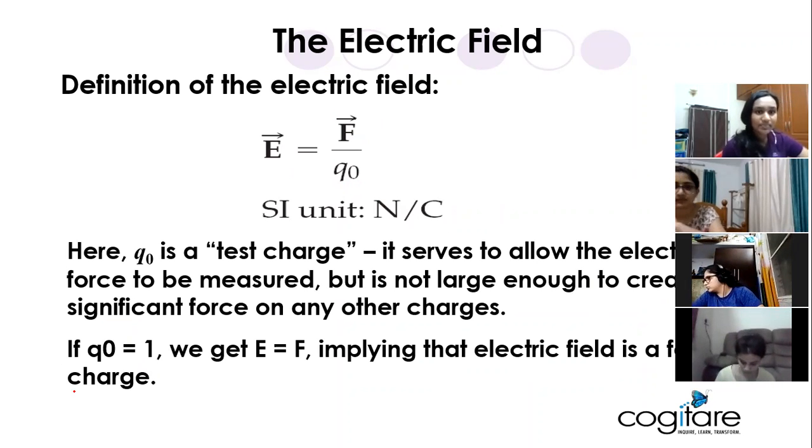Go ahead and complete this, Chaitri. Here, Q0 is a test charge. It serves to allow the electric force to be measured, but it is not large enough to create a significant force on any other charges. If Q0 is equal to 1, we get E is equal to F, implying that electric field is a force by charge.